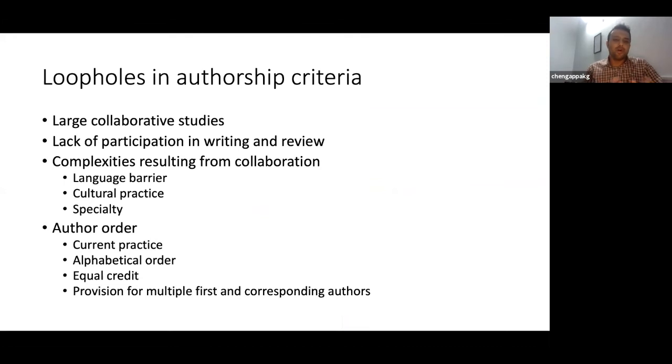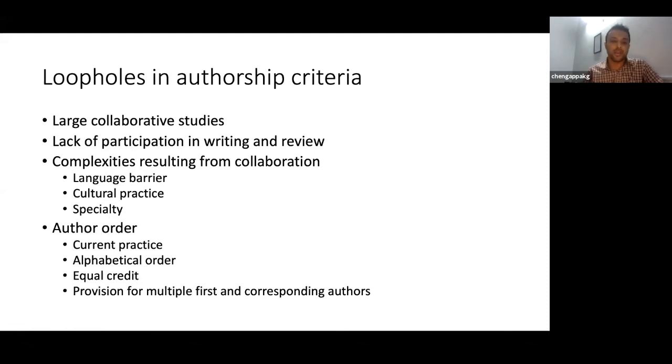Then why do these complexities occur at all? Suppose we have an international or a national level collaboration, so there is language barrier, we can't understand. We might be collaborating with an English speaking nation. We might be collaborating with a non English speaking nation. So it becomes very difficult for everybody to read and understand the manuscript. The cultural practices are different, and speciality wise also.